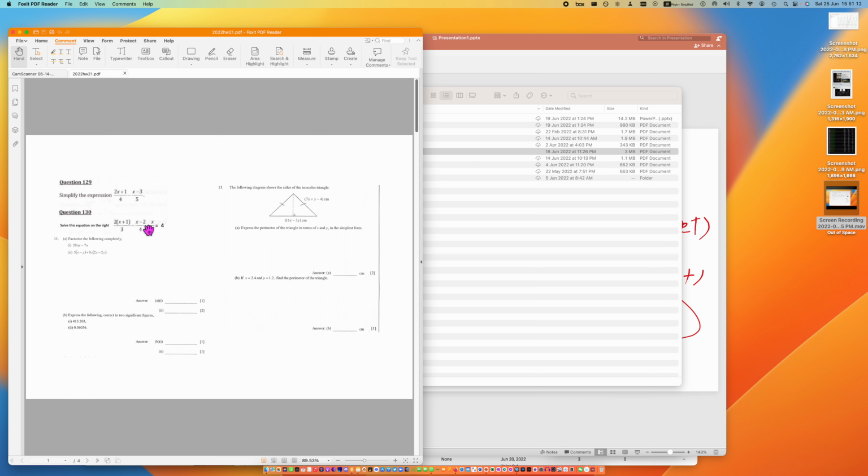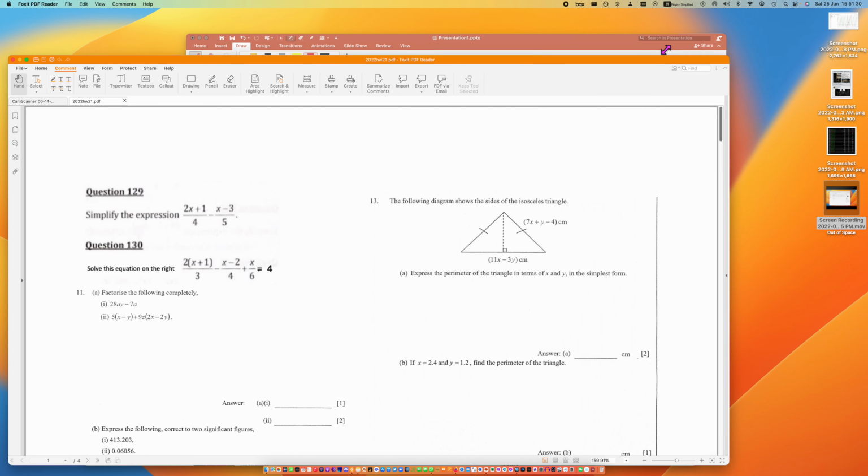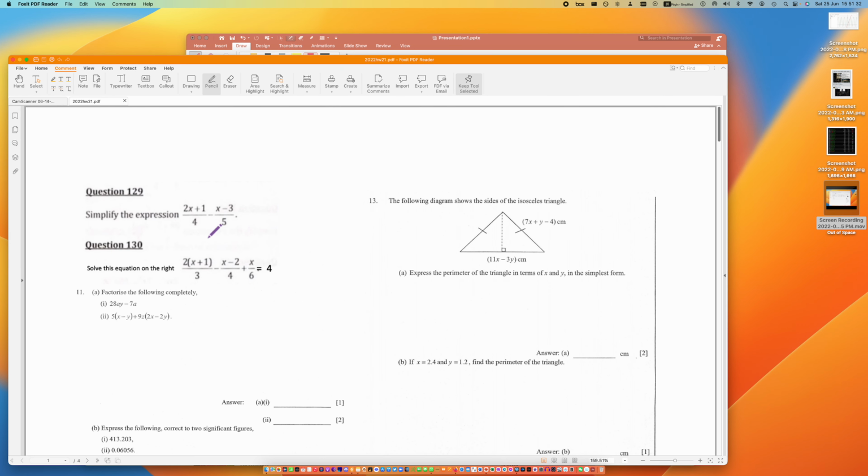129, that means this question. You see, you made the common mistake. Oh, very good, you remembered to put the bracket. This is the common mistake. Here, once you make it common, basically this is you times 5, and of course this one you times 4.